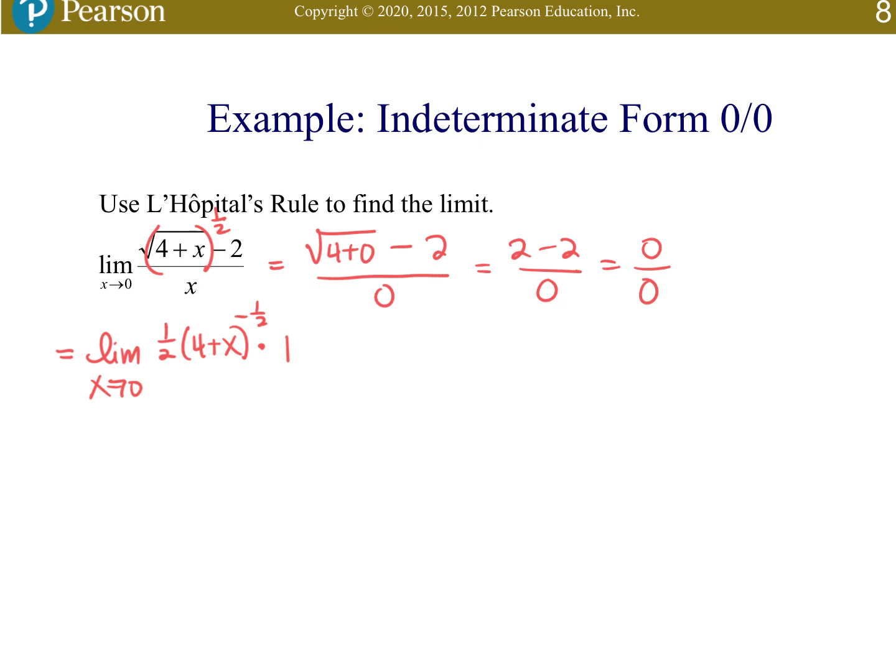So that's the numerator. And then the denominator is the derivative of x, which is 1. You never want to leave a negative exponent, so clean that up. The numerator is 1. The denominator has a 2.